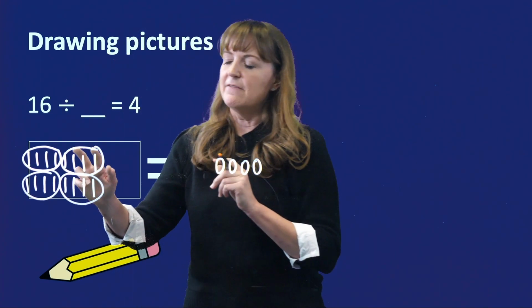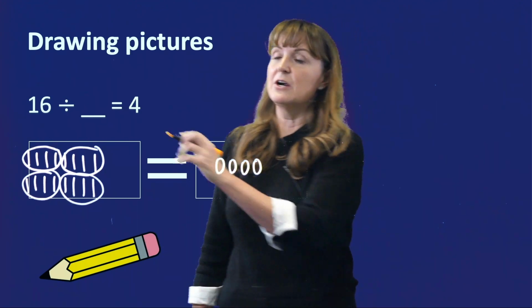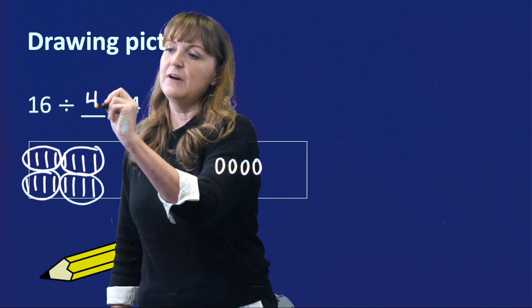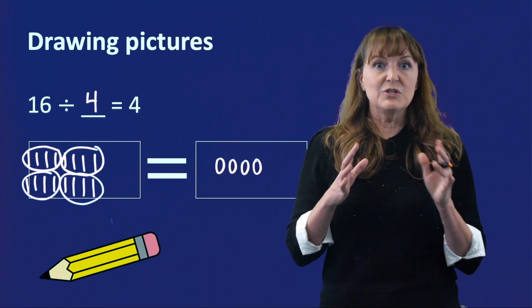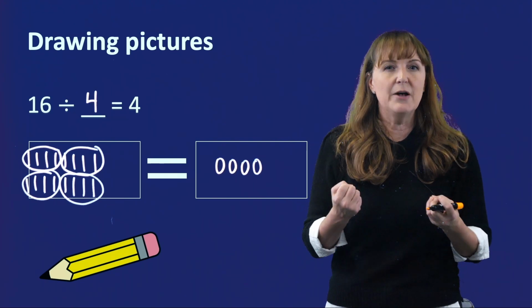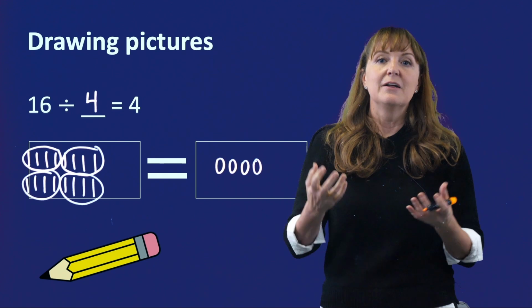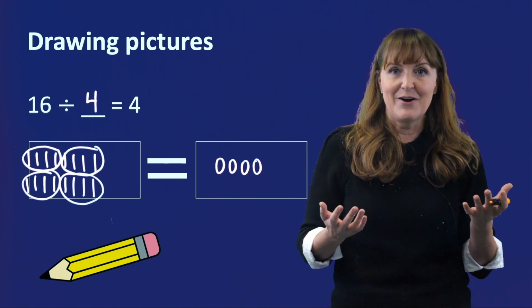So if I have a group of 4, that would be the same as this 4 over here. So 16 divided by 4 equals 4. So those are just some examples of how we could use cubes and drawings to really help students understand this idea that whatever we have on one side of the equation, we also have on the other side.